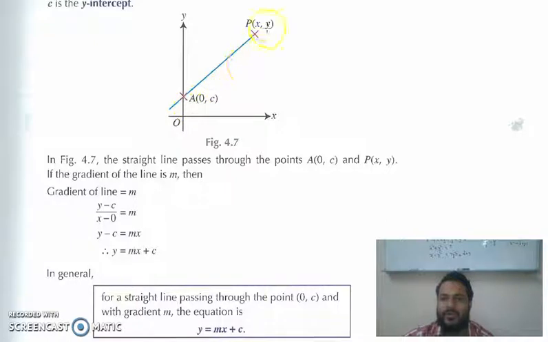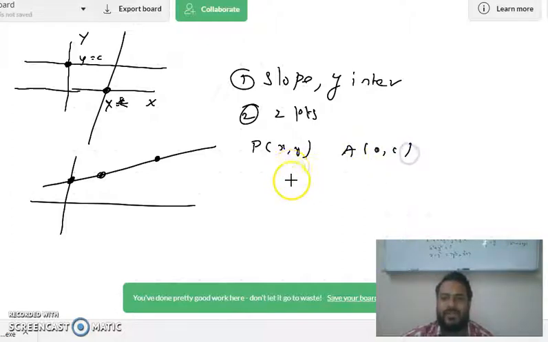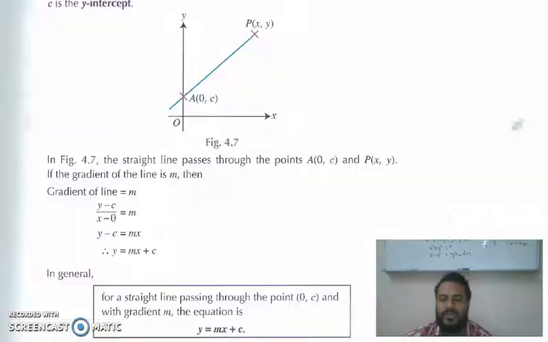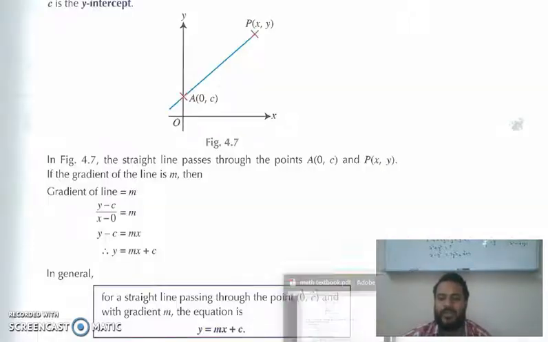A of 0 comma c and P of x comma y. Now take it as x1 y1 and x2 y2.